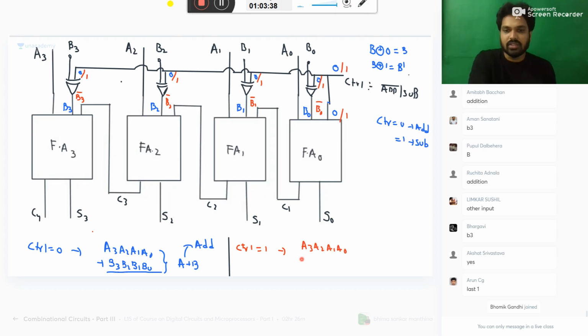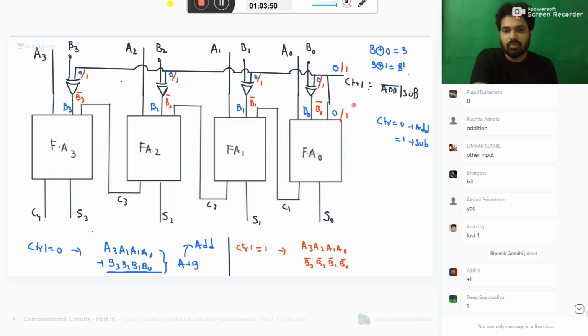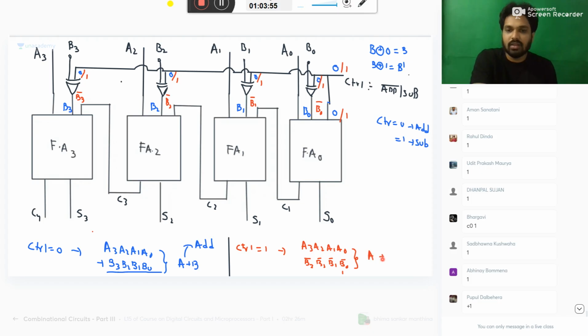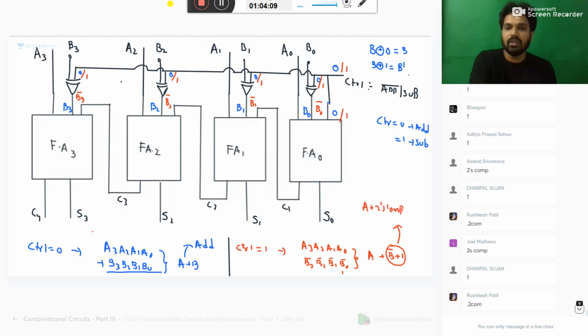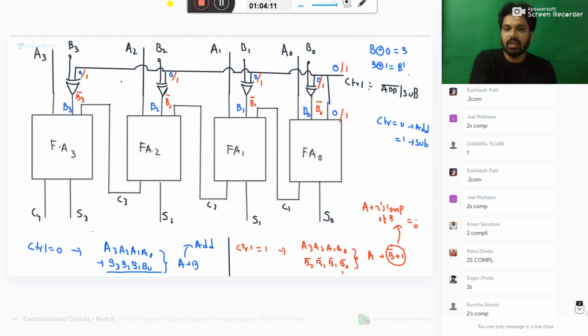And B3 bar, B2 bar, B1 bar, B0 bar, and also your C0 is how much? You see here, it is A plus B bar plus 1. What is B bar plus 1? That is 2's complement of B. So it is A plus 2's complement of B, which gives you A minus B, which is subtraction.